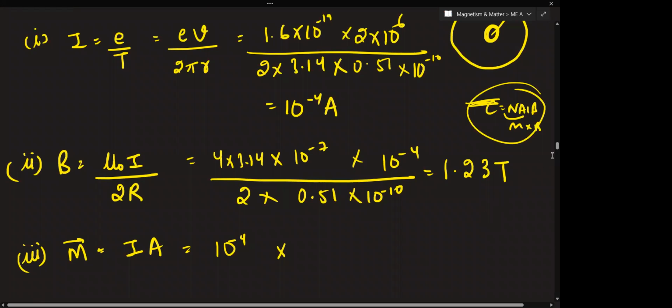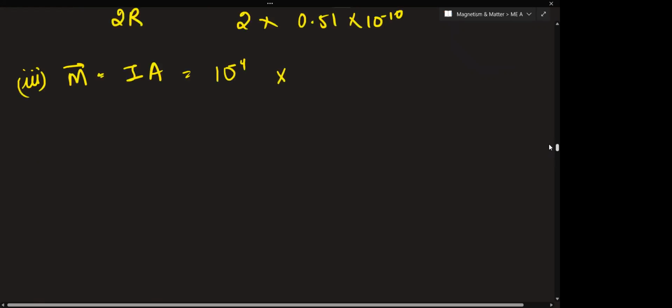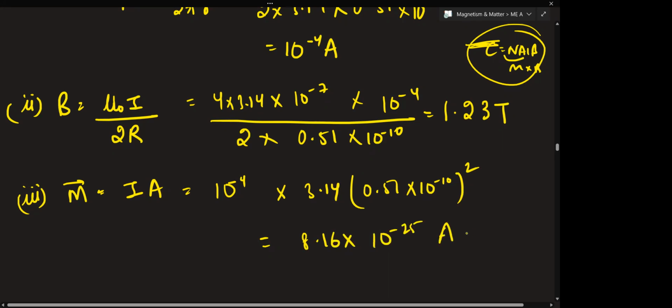By both methods, you'll get the same answer. So this is 10 to the power minus 4 into pi into r square, means 0.51 into 10 to the power minus 10 whole square. When you solve this, you will get the answer as 8.16 into 10 to the power minus 25 ampere meter square. All right, note it down, those who haven't done it.